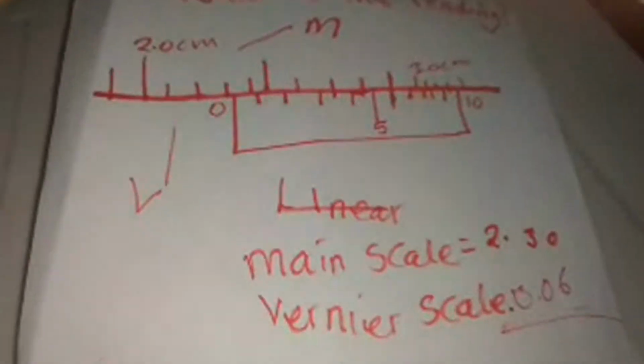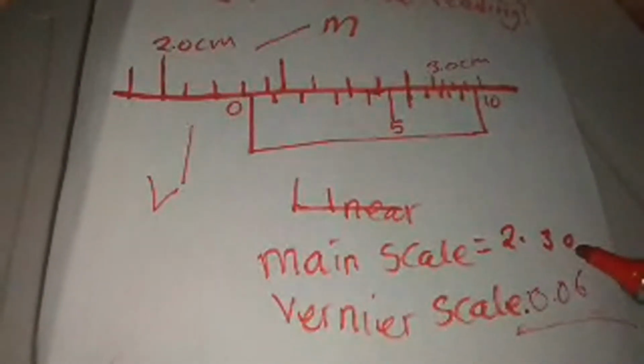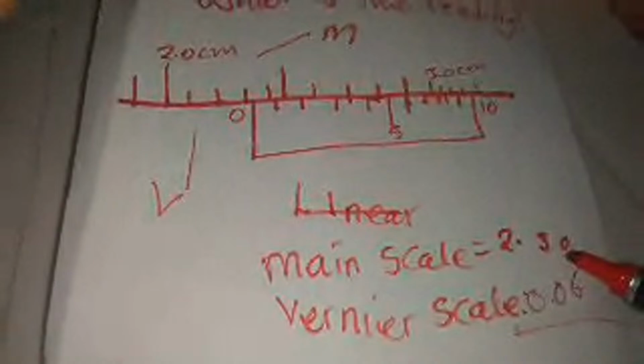Okay, now let us add this one. So you are going to say 0 plus 6, the answer is 6. Then 3 plus 0, that is our reading.